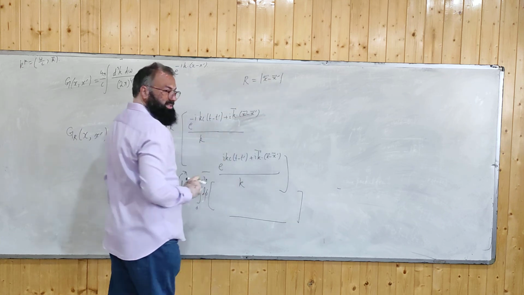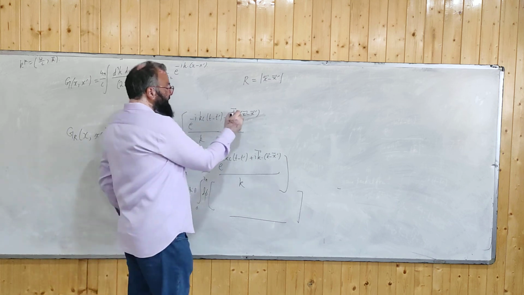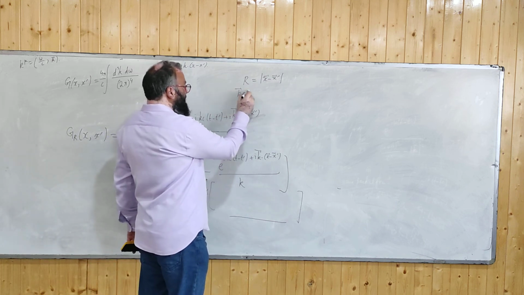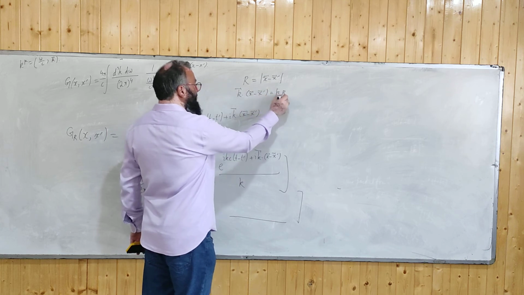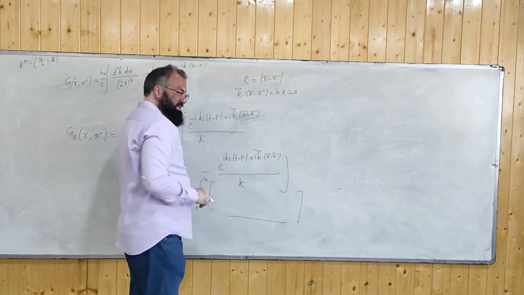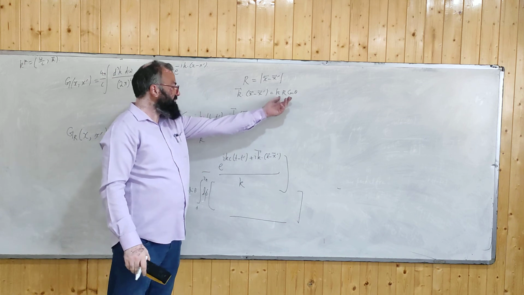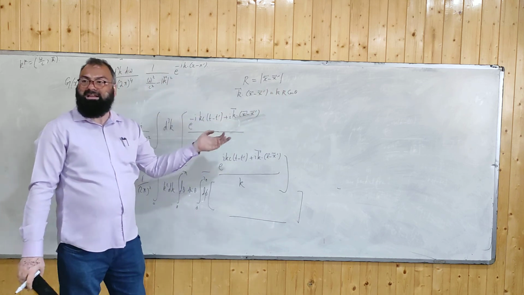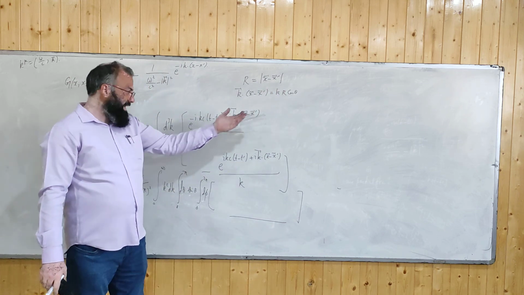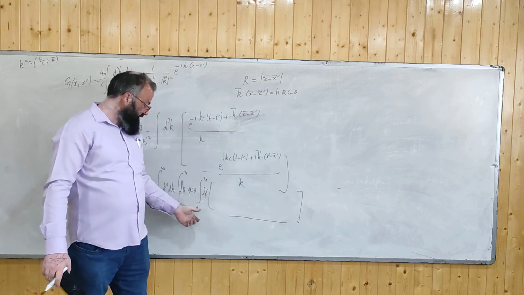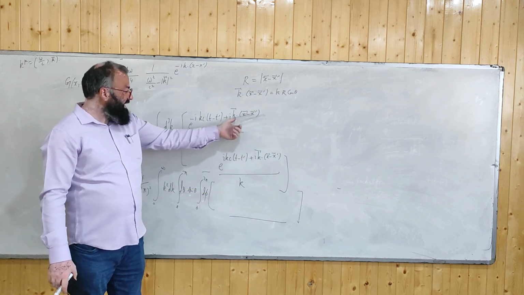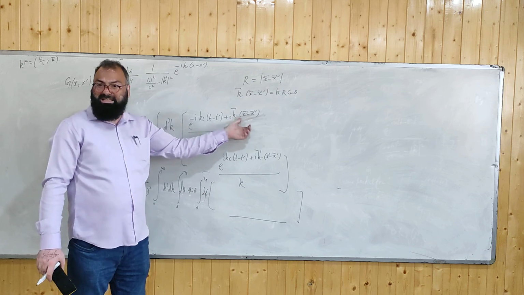So k dot (x minus x prime) will be simply k r cosine theta. Then you can put r cosine theta as z. Differentiation will yield this sine theta d theta.